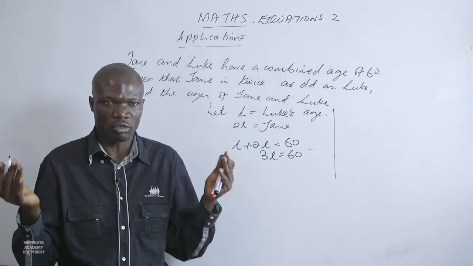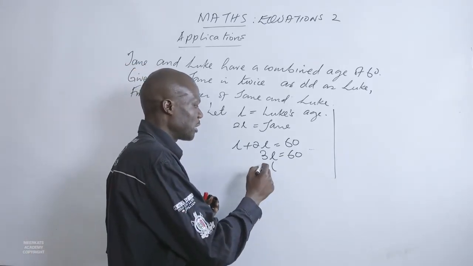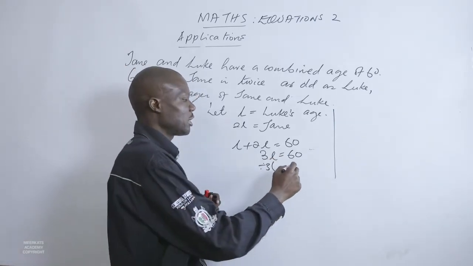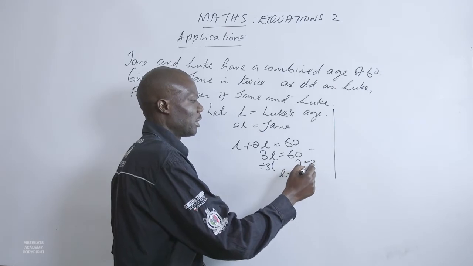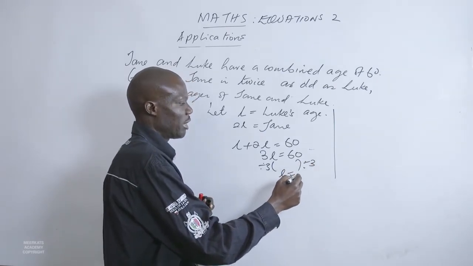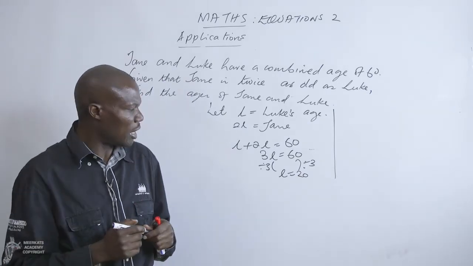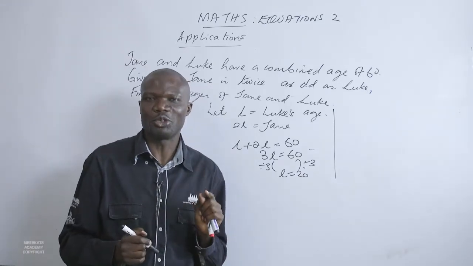We solve for L by dividing this side by 3. We remain with L, and when you divide 60 by 3, you remain with 20. Now, L is equal to 20.